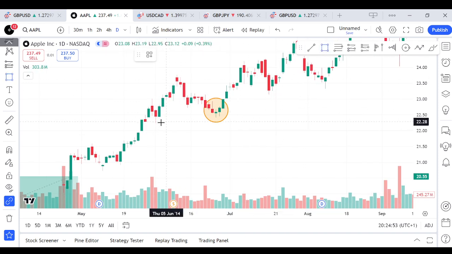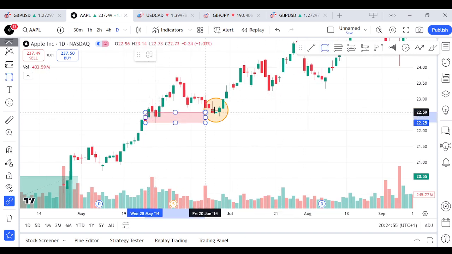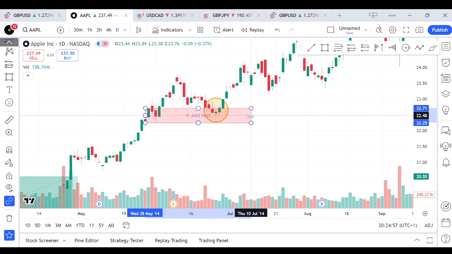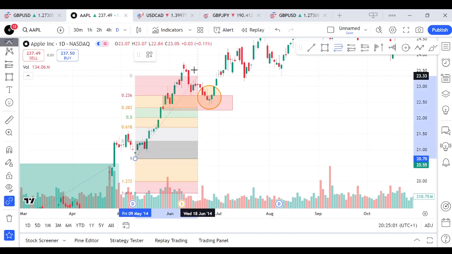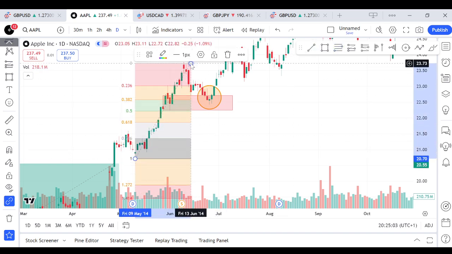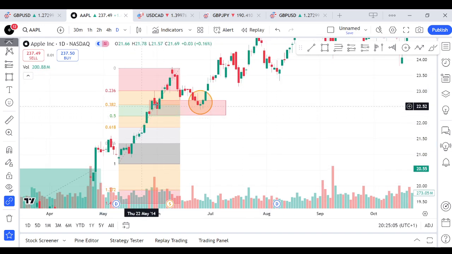So this aligns with this support level here, first of all, and also this aligns with the Fibonacci, just with the 38.2% Fibonacci level.